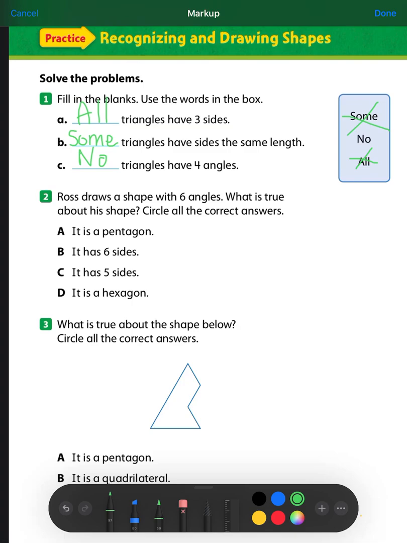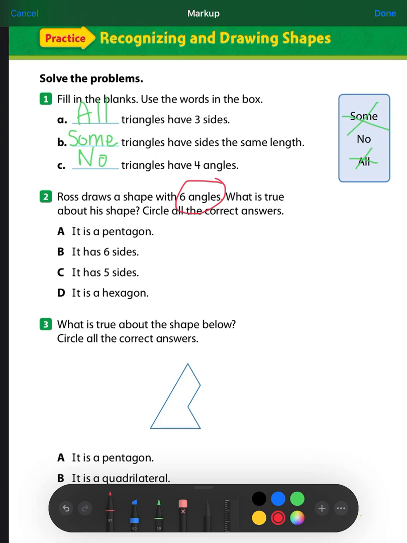Let's read number 2. Ross draws a shape with 6 angles. What is true about his shape? Circle all the correct answers. All right, so Ross draws a shape with 6 angles. What is true about his shape? 6 angles. Let's circle 6 angles so we know that is our important information.